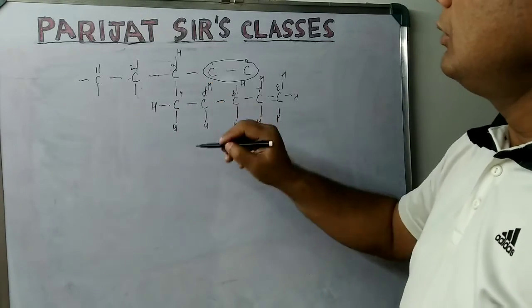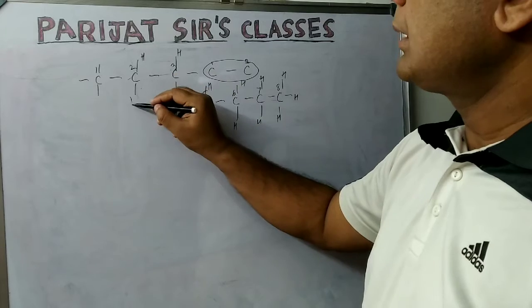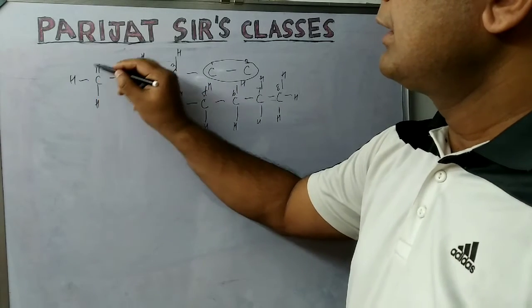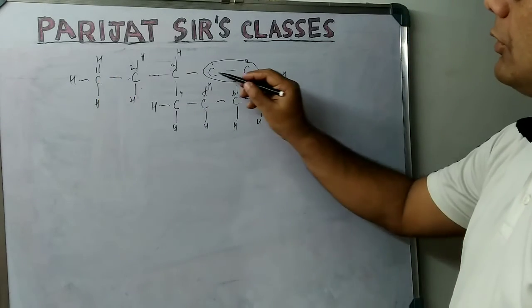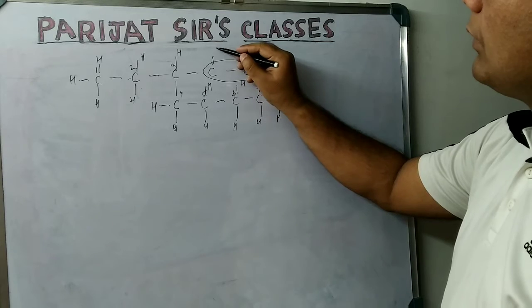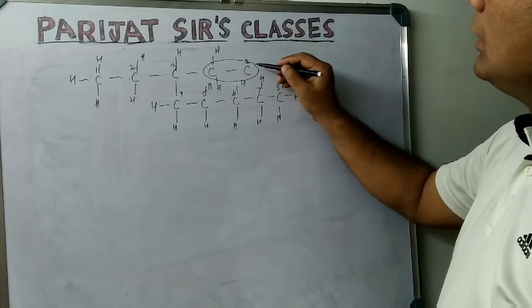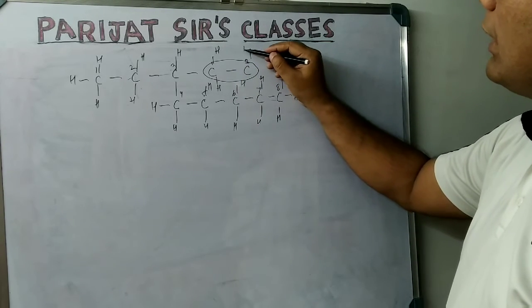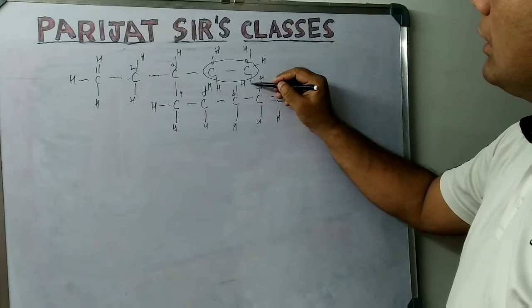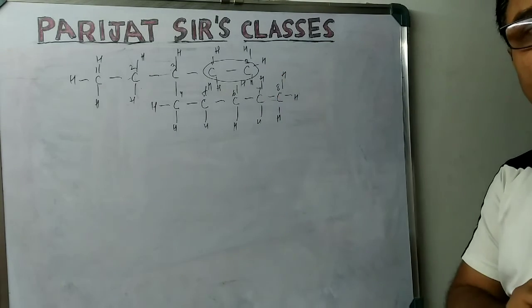So you count how many bonds of the carbon are already linked, and the remaining you fill up with hydrogen. This carbon has got 2, so 1 and 2. This carbon has got only 1, so 1, 2 and 3. So this is how we have linked.